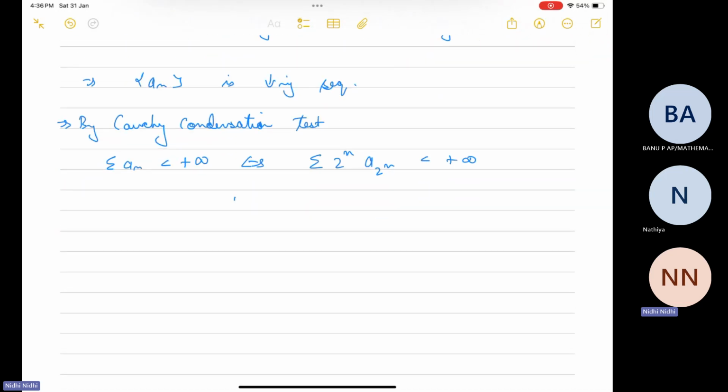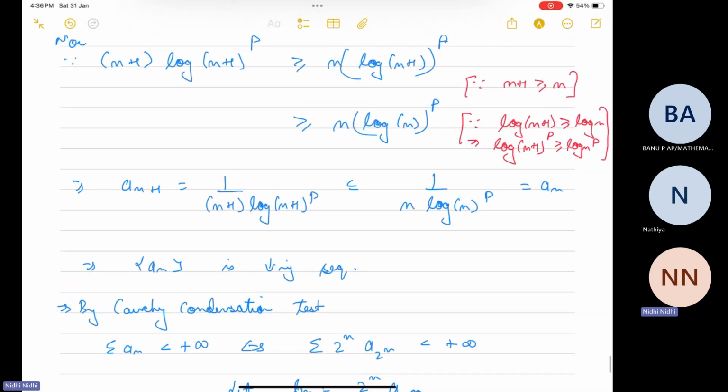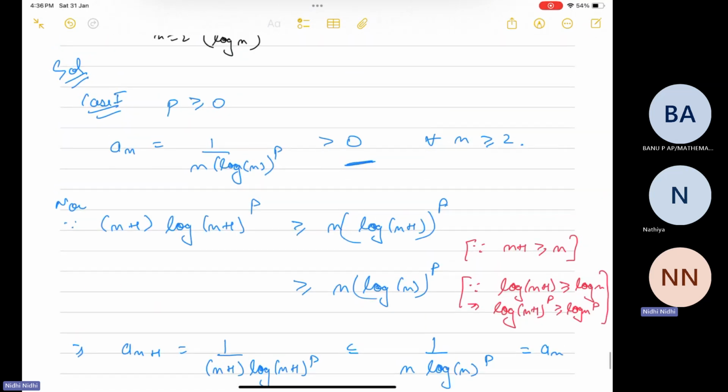Now let's look at this series. Let bn be equal to 2 to the power n times a of 2 to the power n. So let's see what the behavior of this sequence bn is. In the definition of an, just replace n by 2 to the power n.